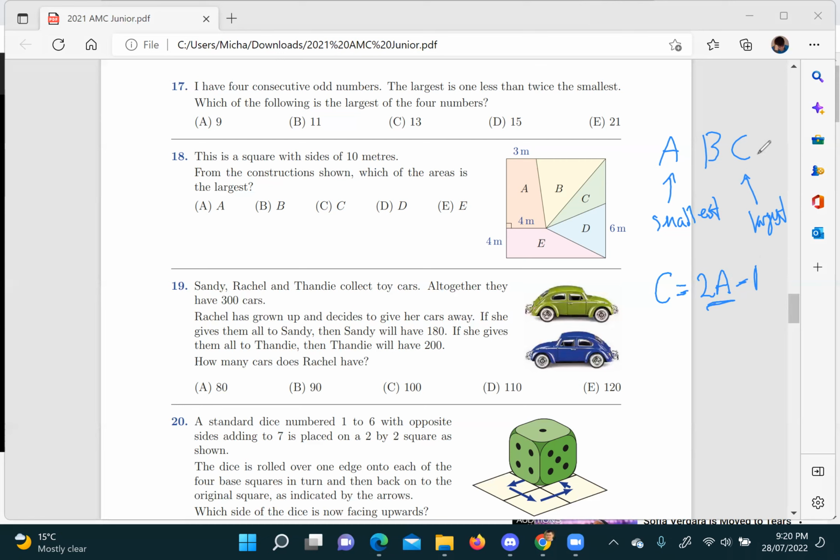It's C. I was drawing 3 numbers. Actually, it should be 4 numbers. So this is T is the largest.